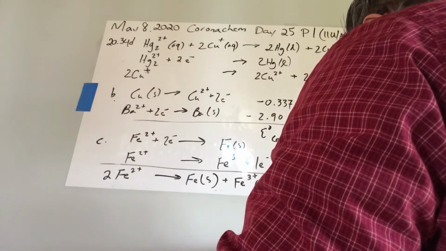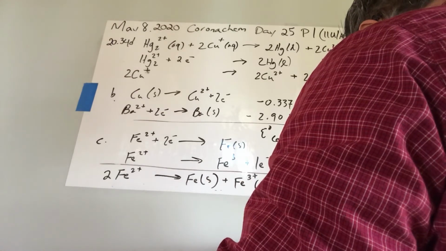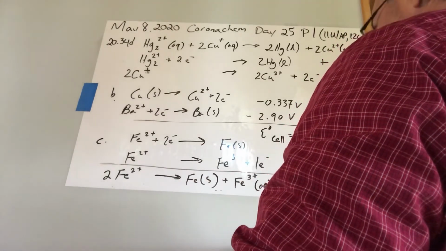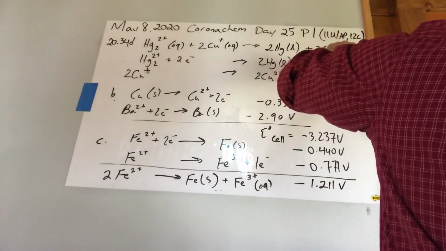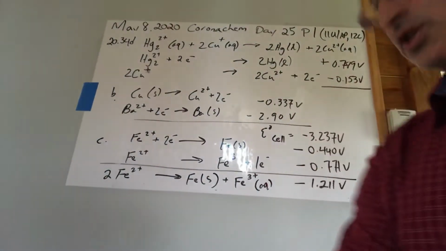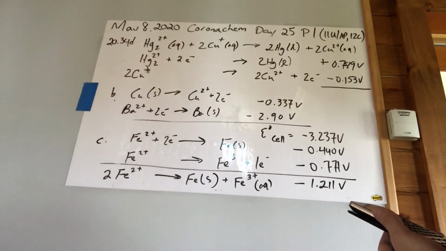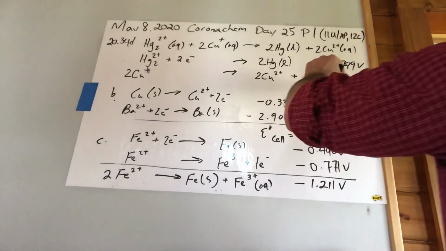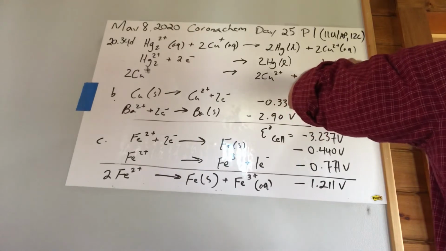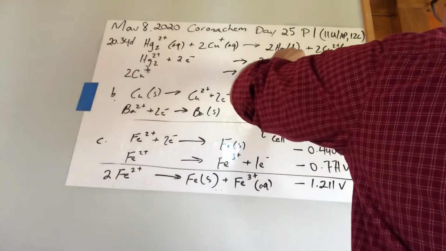It's written backwards from what you see in the book. So the voltage is reversed, it's negative 0.153. So the total voltage will be those two added together. So the cell voltage is 0.789 minus 0.153, and you get 0.636 volts. Okay, there's your cell voltage for that.